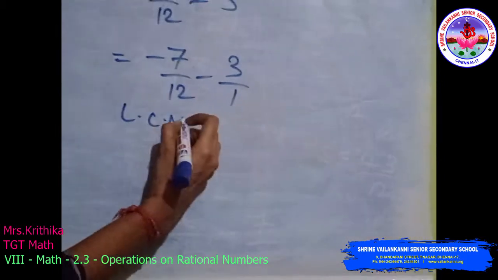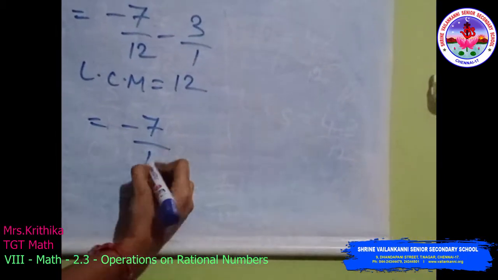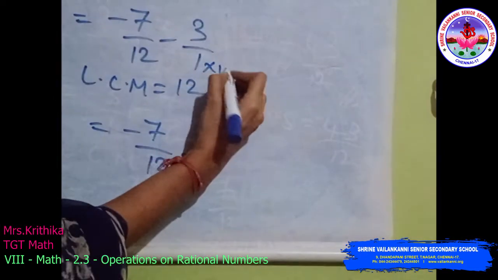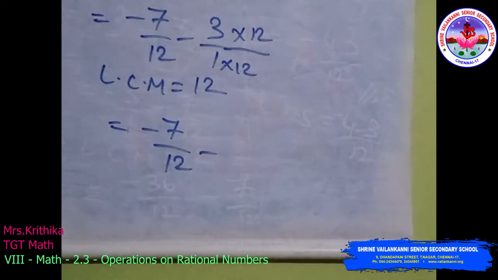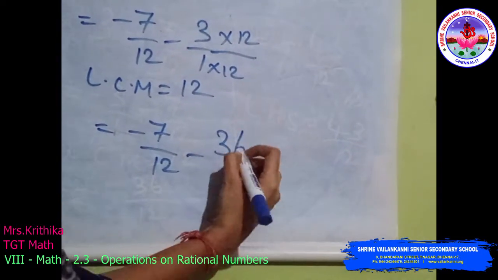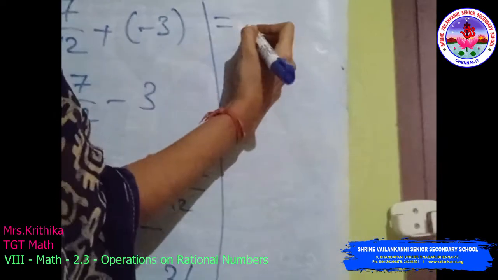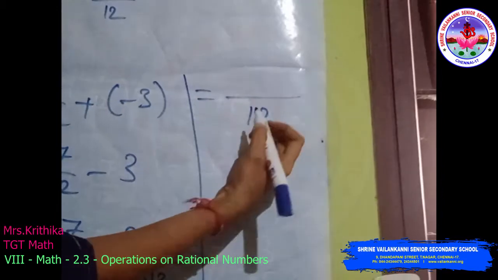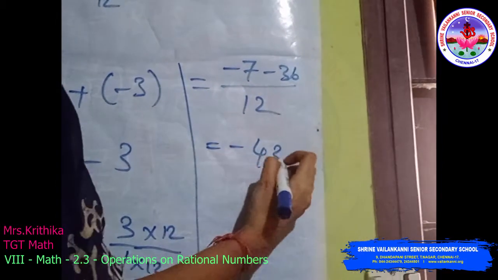LCM is 12. Multiplying both numerator and denominator, the answer is -36/12. Taking the common denominator 12, -7, -36, the answer is -43/12.